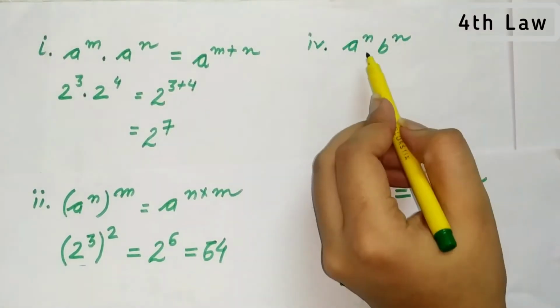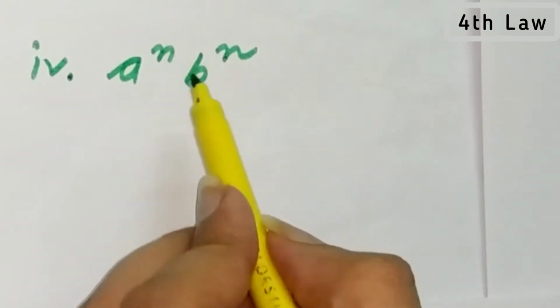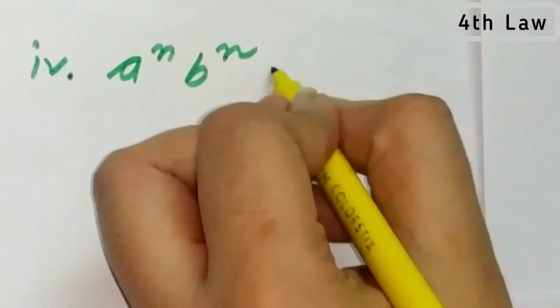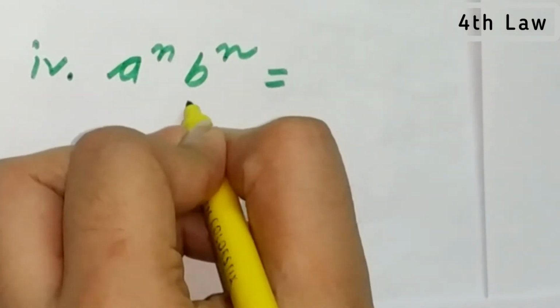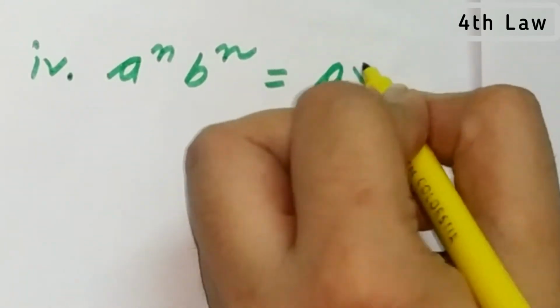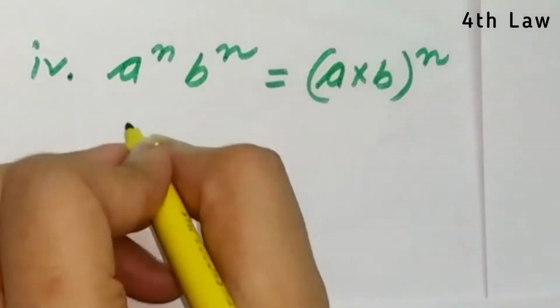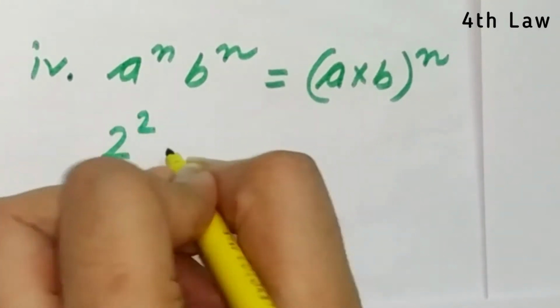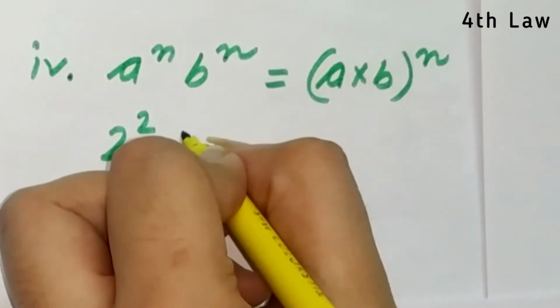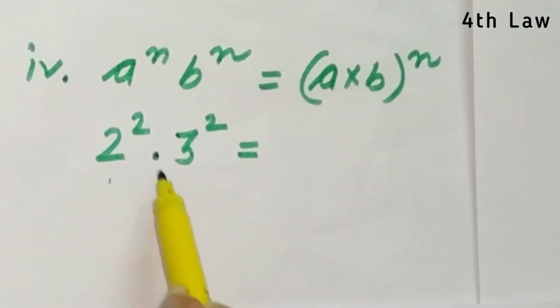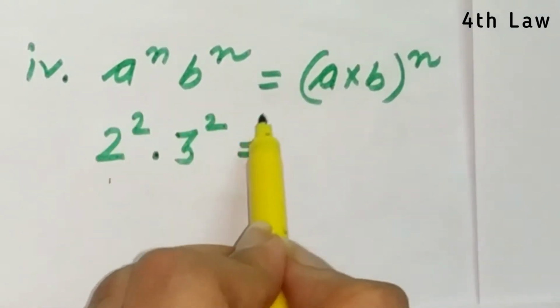Fourth law is a raised to the power n multiply b raised to the power n. We will multiply the base and raise it to the power n. For example, 2 raised to the power 2 multiply 3 raised to the power 2. These are different but power is same.